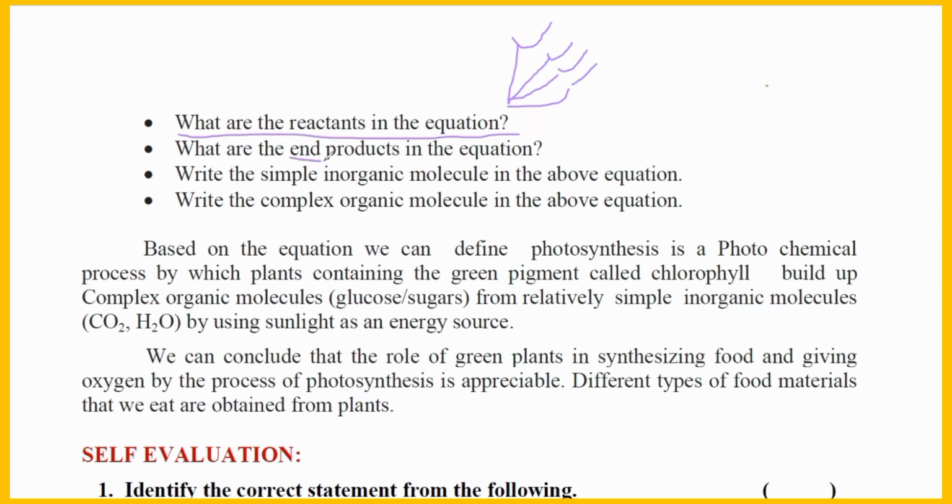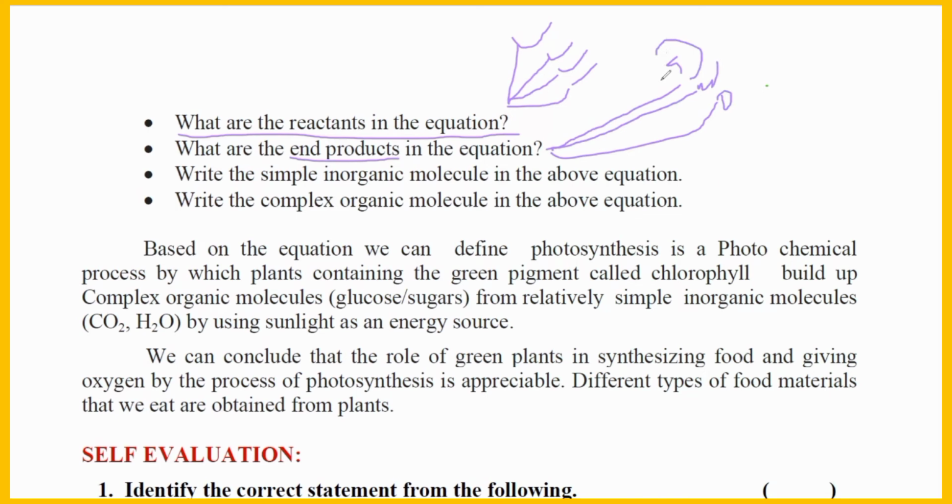Now, what are the end products in the equation? Here you can see, from this equation 3 products are there: glucose, water and oxygen.